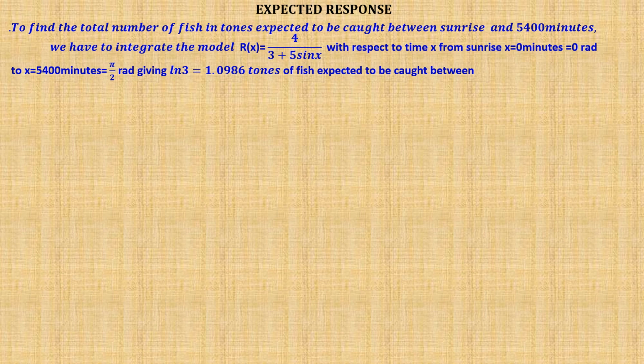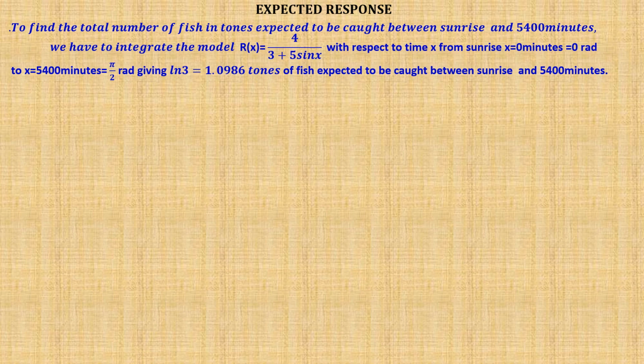That will be pi/2 rad, giving us ln 3, or approximately 1.0986 tons of fish expected to be caught between sunrise and 5,400 minutes. The question is, how do we get ln 3, which is an ultimate value of approximately 1.0986 tons?